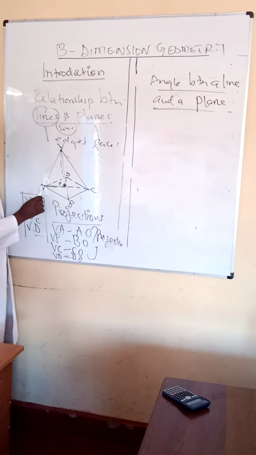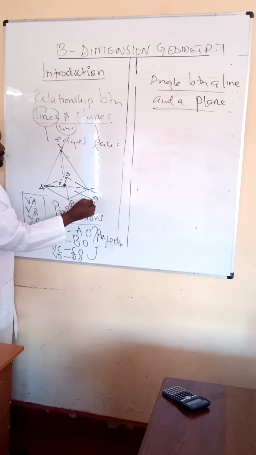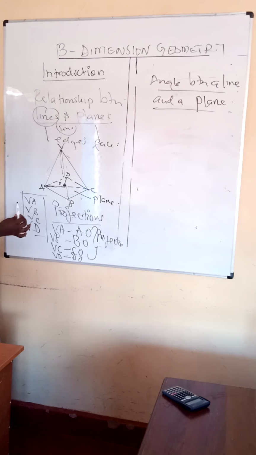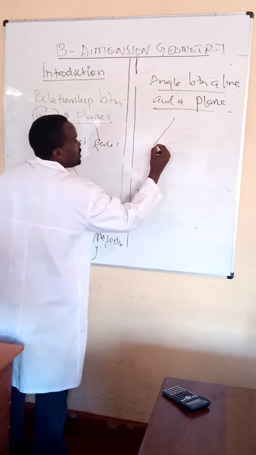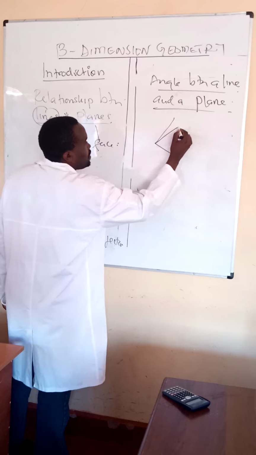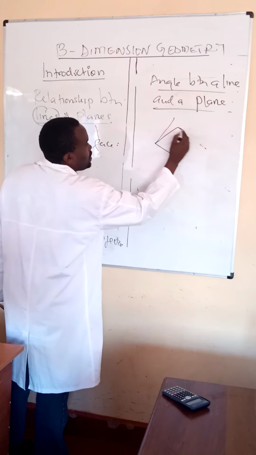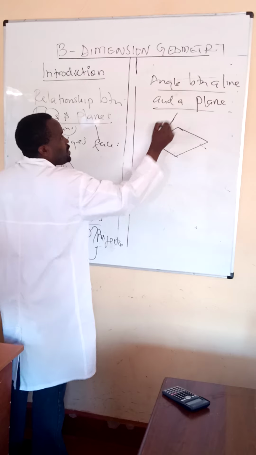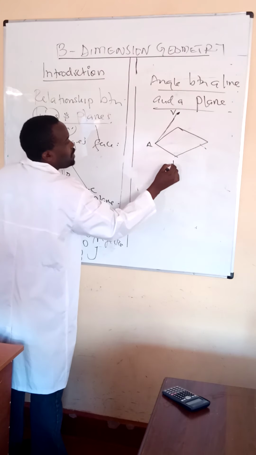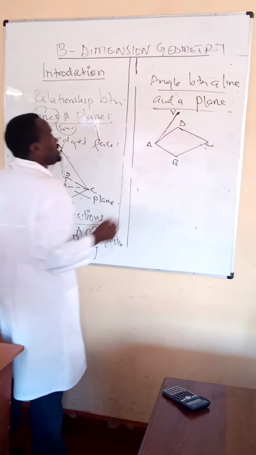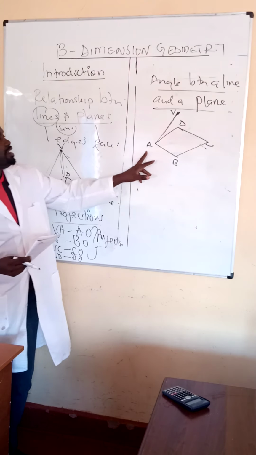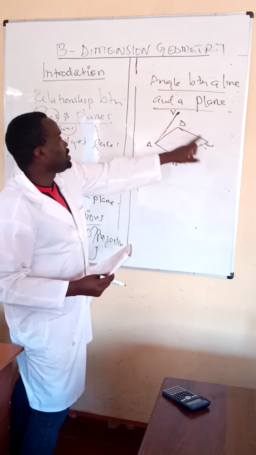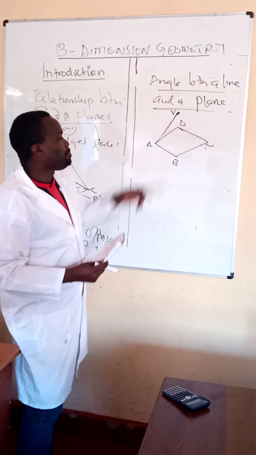We want to agree that ABCD is a plane, and we can find the angle between that plane and any of the edges. For example, VA and the base. So this is V, A, B, C, D. You want to find the angle between VA and the base ABCD, an angle between a line and a plane.